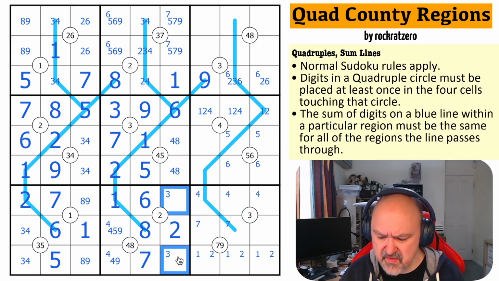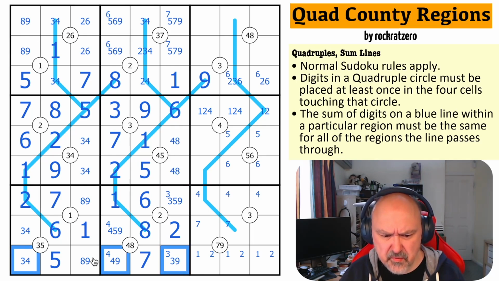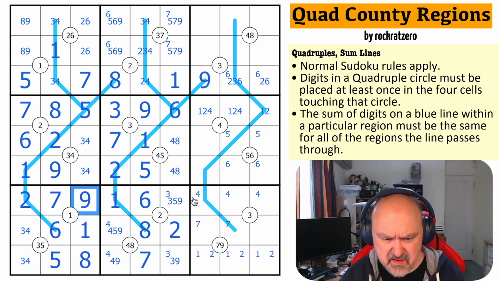So these are from 3, 5, and 9. That's not 5. That's a 3, 4, 9 triple. So that's the 8. That's the 9. There's no 9 there. That's a 3, 4, 9 triple.